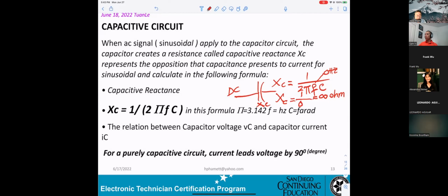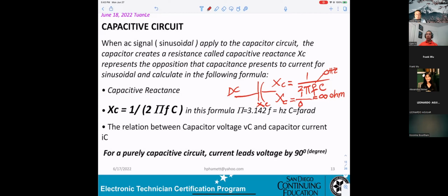For the AC, the capacitor will have a resistance, and normally the resistance is very small, so the capacitor will be shorted. That means it allows the AC to go through the capacitor. However, for DC, the capacitor will be open. No DC current can go through the capacitor.